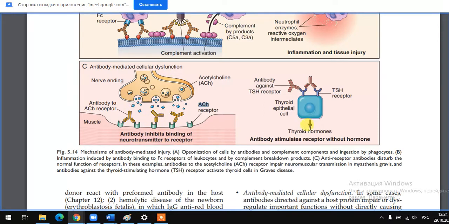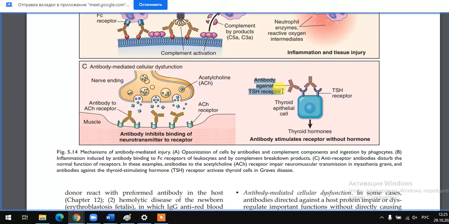Then one very specific feature: we have an antibody against the TSH receptor. We used to think that if we have an antibody against something, we destroy it. But this antibody works differently. This antibody starts to activate the TSH receptor. You remember what TSH is, yeah? Thyroid stimulating hormone. And this causes overproduction of thyroid hormone.